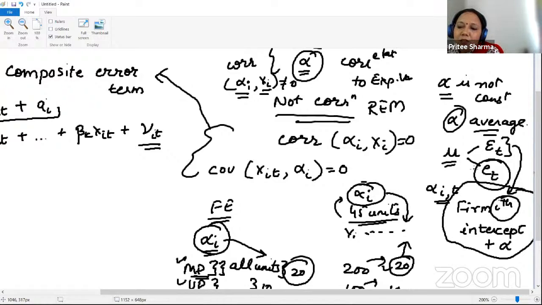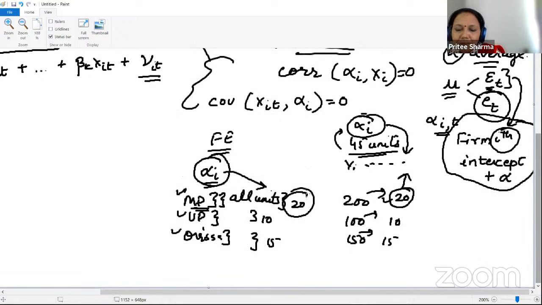So there is a component in the error term which is not random for everyone. This is for that particular ith firm, which is represented in your data.